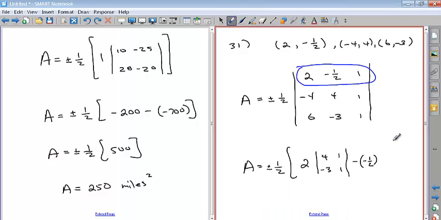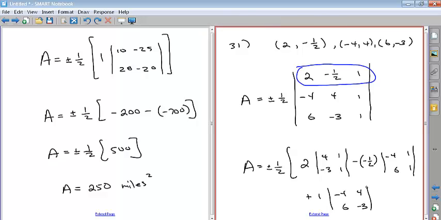So we cross out this row, this column, we're left with negative 4, 1, 6, 1. Then we plus, the last number's 1, and we're left with these 4, negative 4, 4, 6, negative 3.